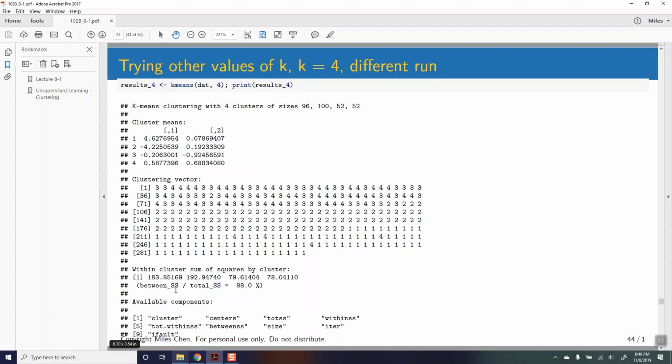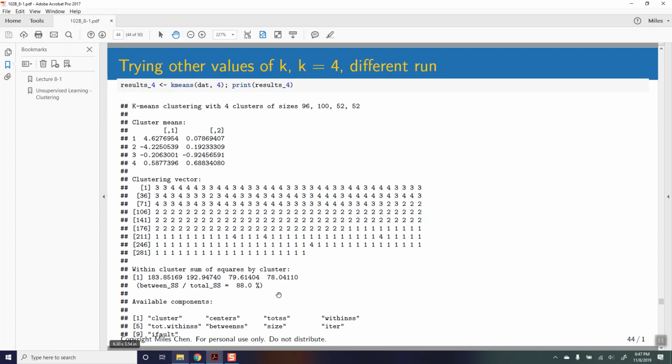You can think of it like ANOVA. In ANOVA you have your total sum of squares, and then you split that into between the groups and within the groups. The within the groups might also just be called your residual sum of squares, okay?